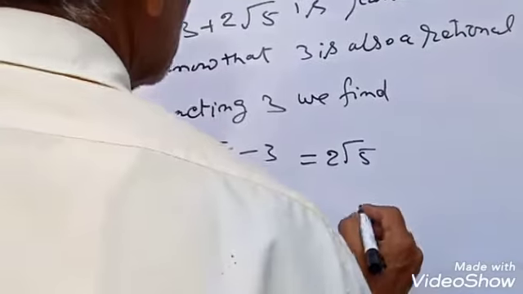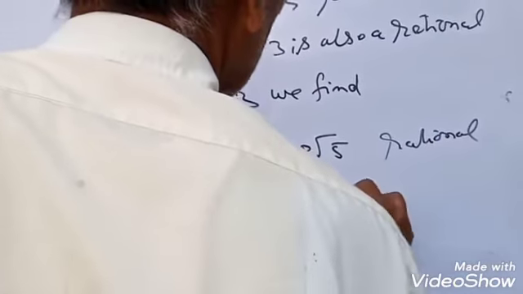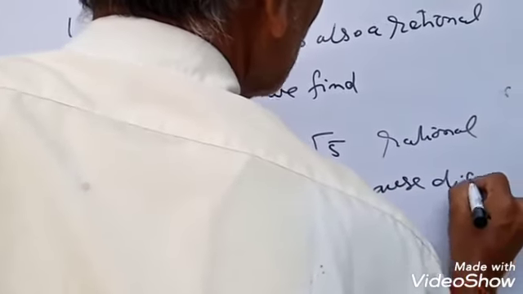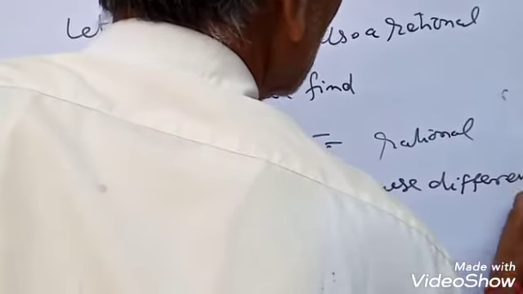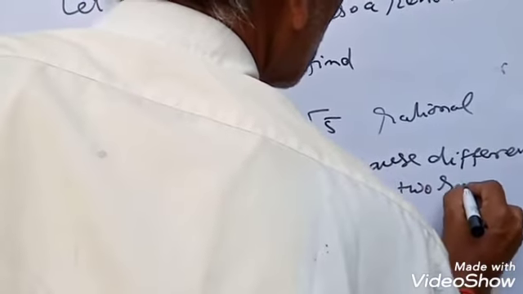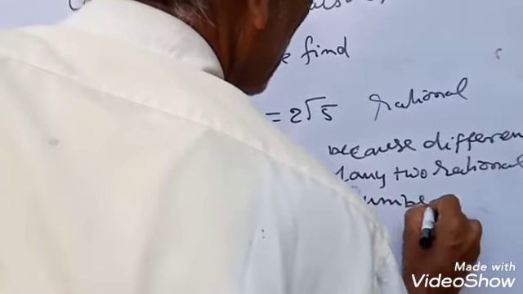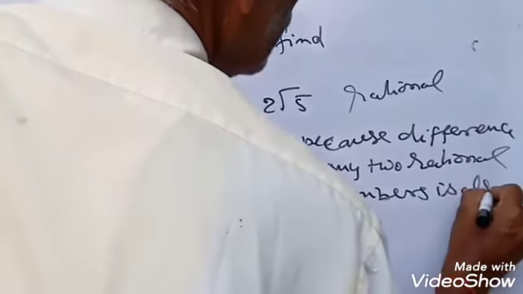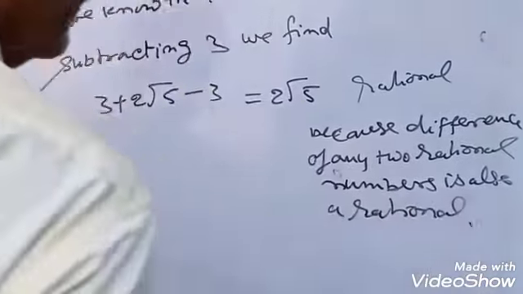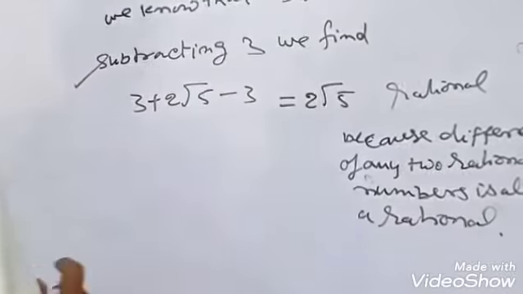This is rational, because the difference of any two rational numbers is also rational. So this difference is also rational.